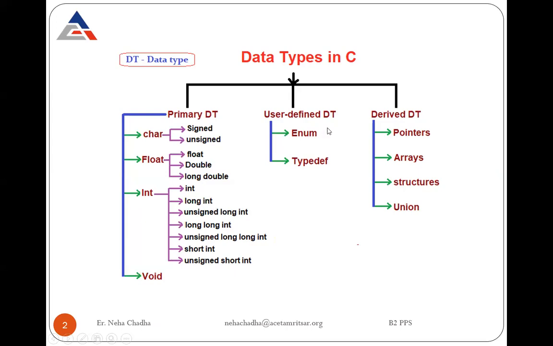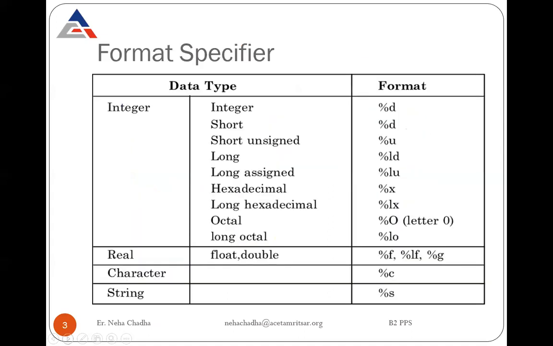Then the user-defined data types, that is enumeration, called enum, and type definition, which we will use in our future lectures. Then the derived data types include pointers, arrays, structures, and union. We will proceed further to go into more detail on data types.